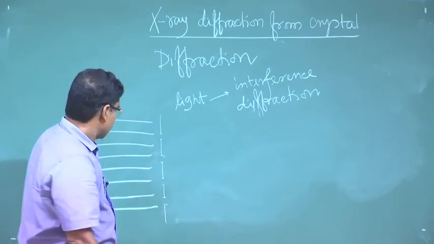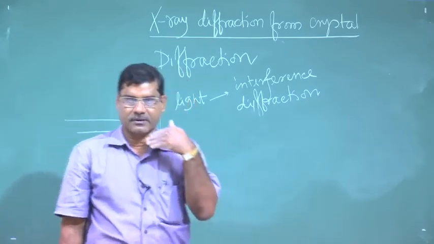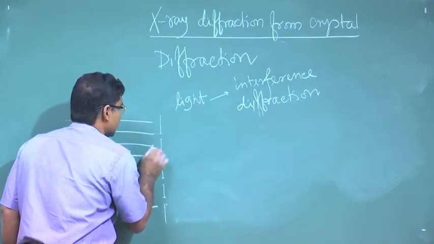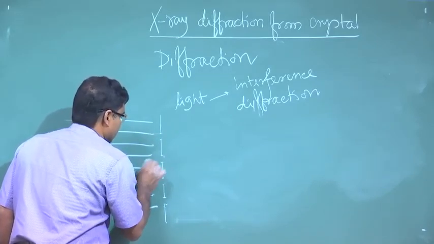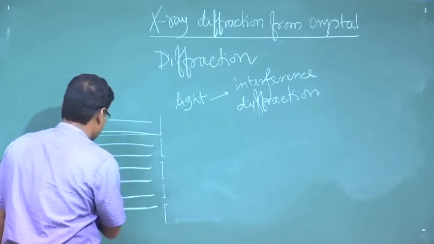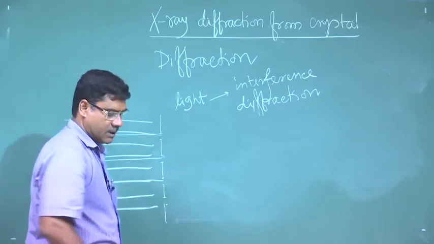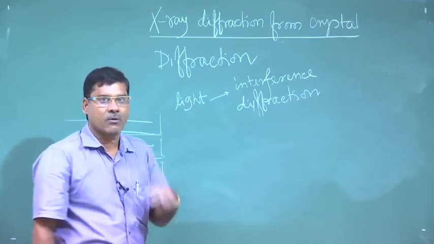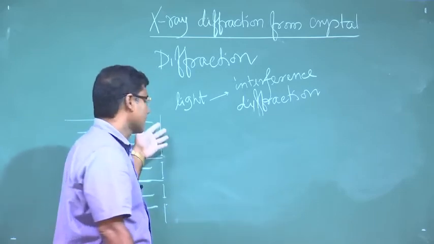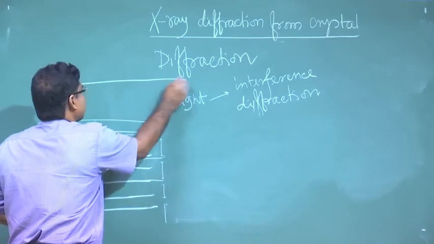When there is a hole in this obstacle, the wave passes through it. But when the hole is comparable with the wavelength of light, it does not just pass through as it is.